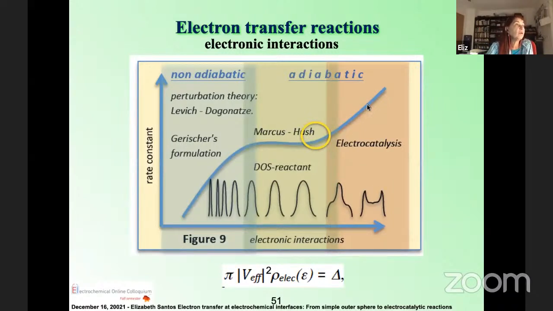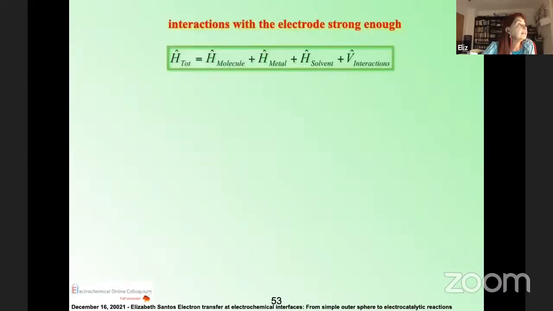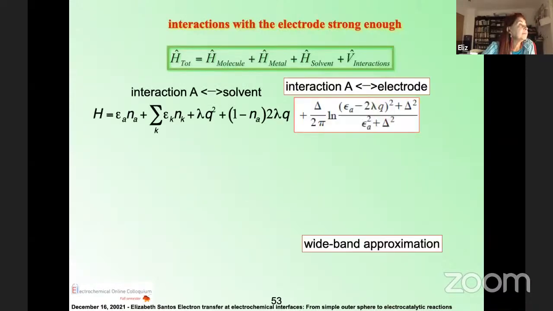Then, good, that was this part. Then we go on this curve, and here, when the interactions are weak, but not so weak that we don't have this broadening of the electronic state like a Lorentzian, in this case an extra term appears, due to the interaction of the reactant with the electrode, that has this form.